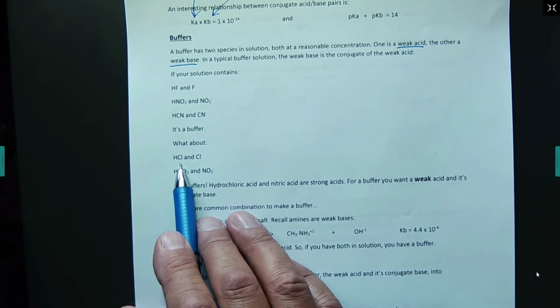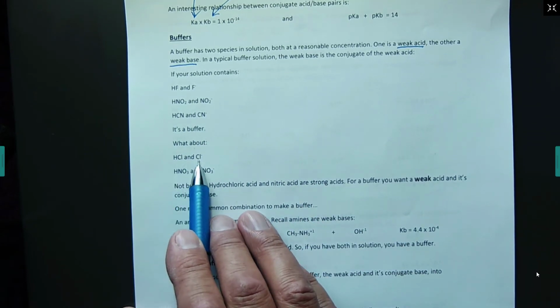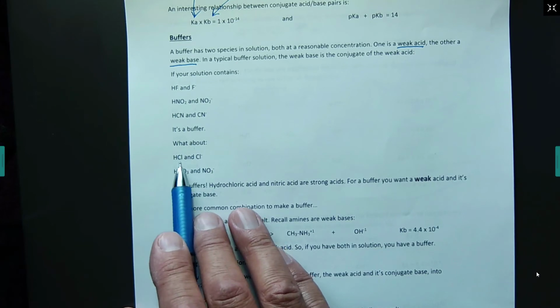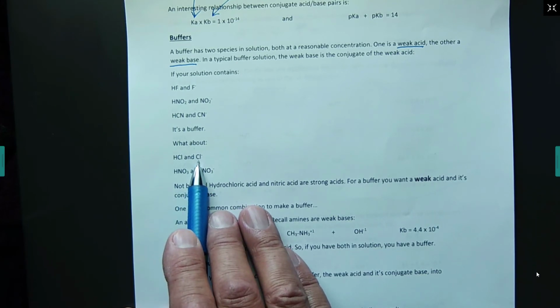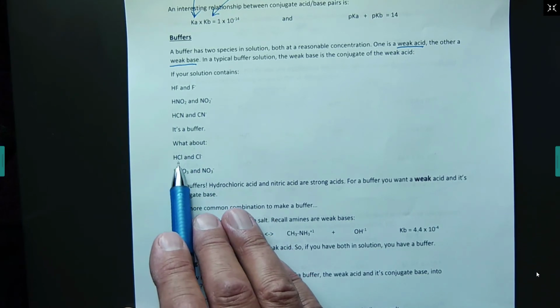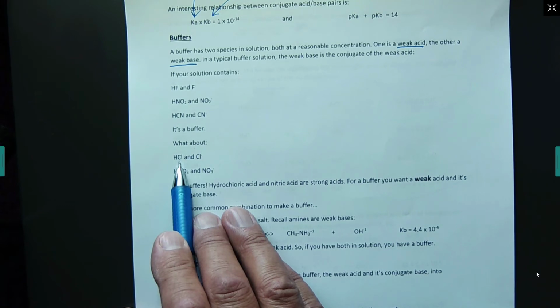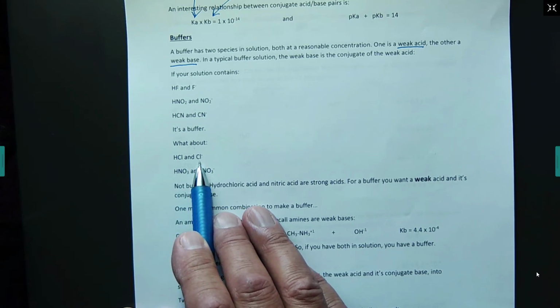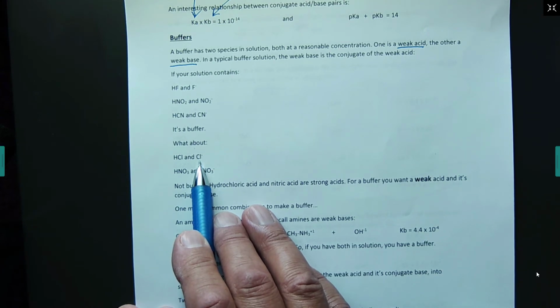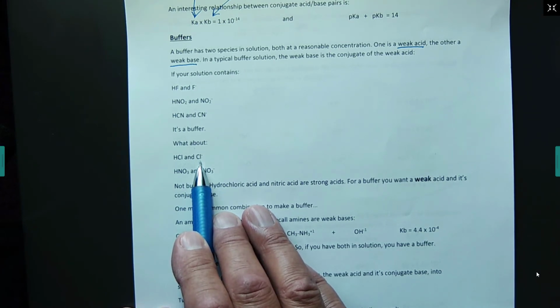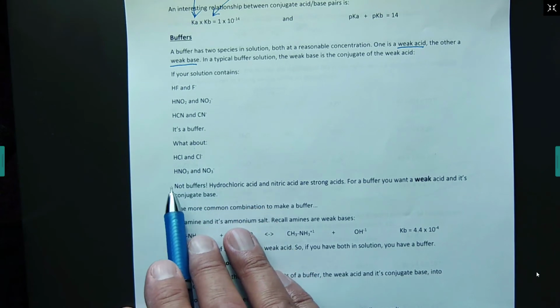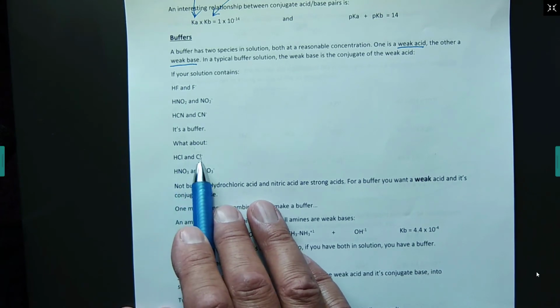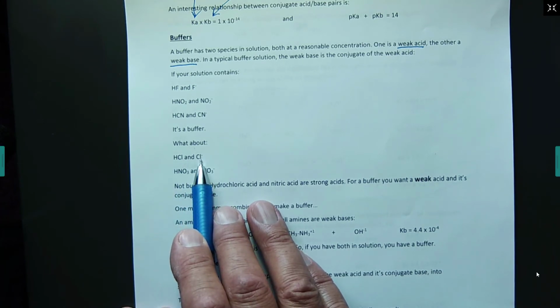Hey, what if you had something that contains hydrochloric acid and chloride ion? Hey, that's a conjugate acid-base thing. Is that a buffer? Nope. It's not weak. Hydrochloric acid is a strong acid. Super strong acid. Chloride ions, technically, we could call it the conjugate base, but there ain't nothing basic about it. So, if you have a strong acid and its conjugate, that's not a buffer.